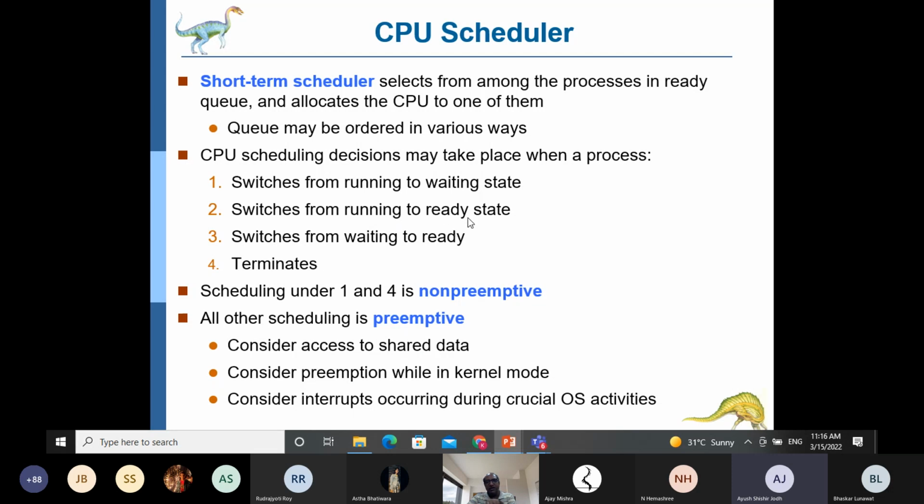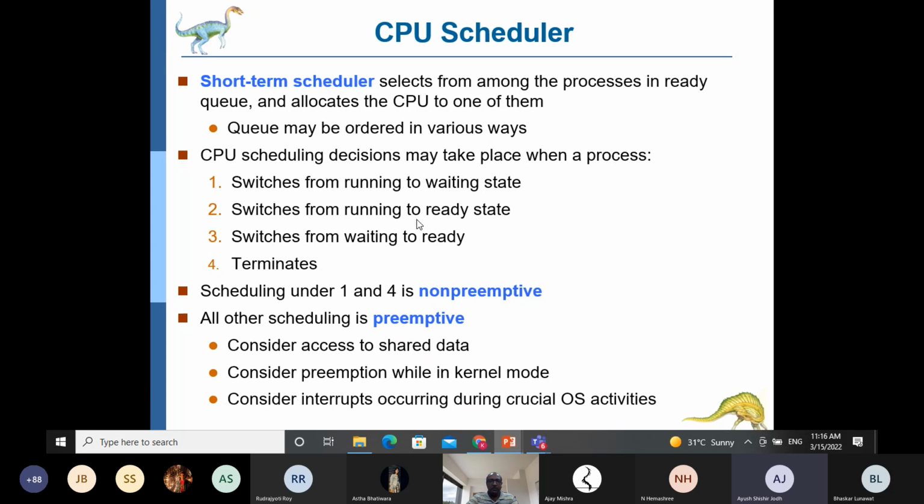You are forcefully taking a process out of the CPU and placing it in the ready queue, because the ready queue means the process wants to execute and perform computation. It was in computation, it is taken out, and again placed in the ready state. It means that it requires the CPU again.